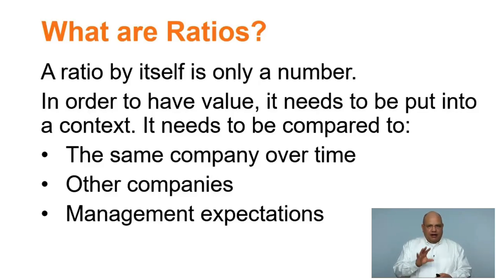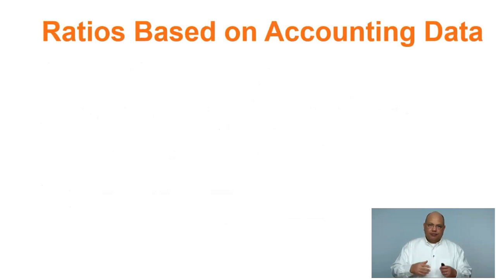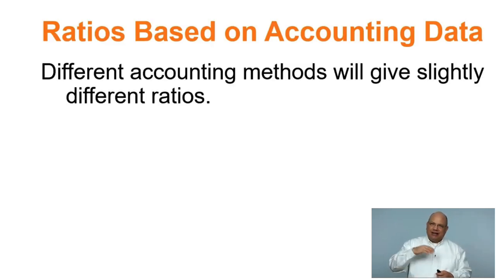Also, we need to keep in mind when we're looking at a lot of these ratios, they're based on accounting data. They're based on accounting information, the numbers we get out of the financial statements, out of our accounting system. And so different accounting methods will give slightly different ratios. If we use FIFO or weighted average for our inventory, whether we use straight line depreciation or double declining balance for depreciation, is going to give us a slightly different depreciation expense, which will change profit, which will change the book value of our fixed assets a little bit compared to the different methods.